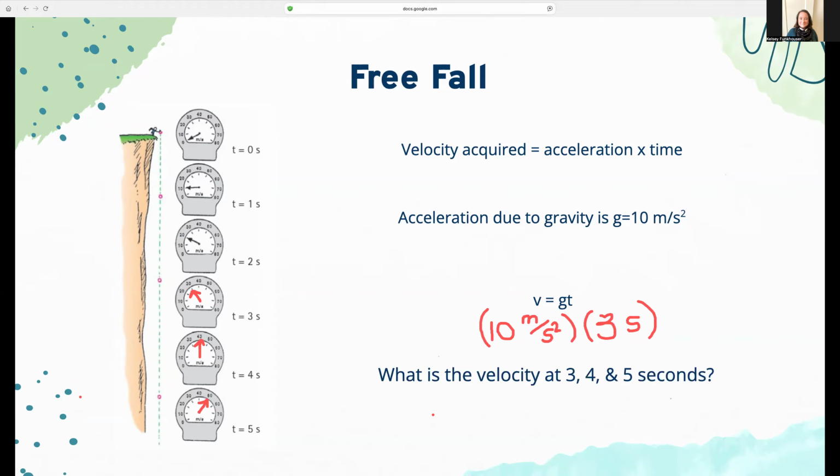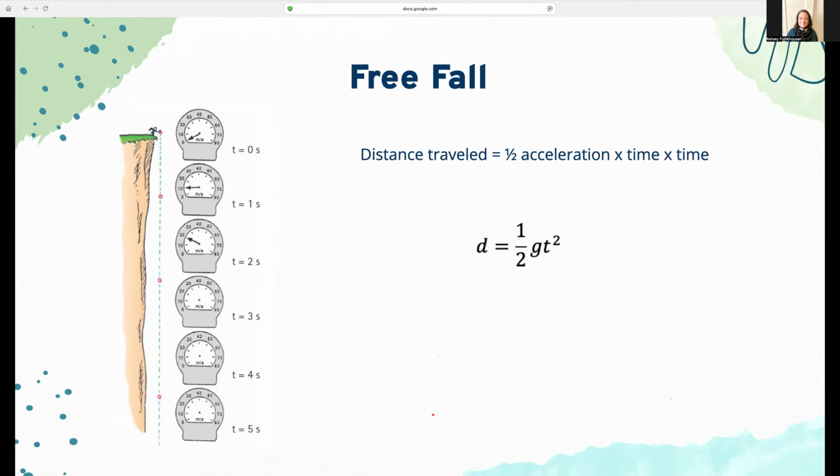You can also relate the distance traveled to the acceleration and the time. So I have the equation for this spelled out for you and then in variable form. So we have the distance traveled is equal to 1/2 times the acceleration times the time times the time.